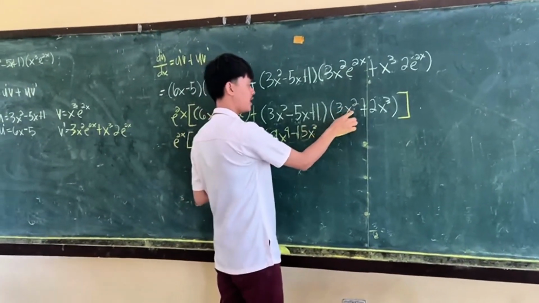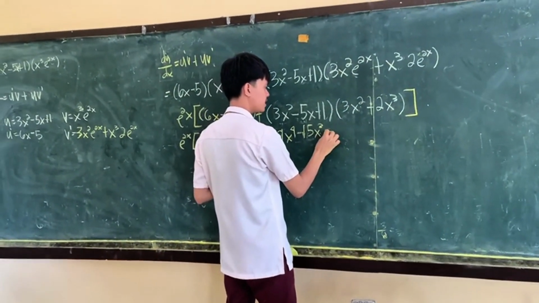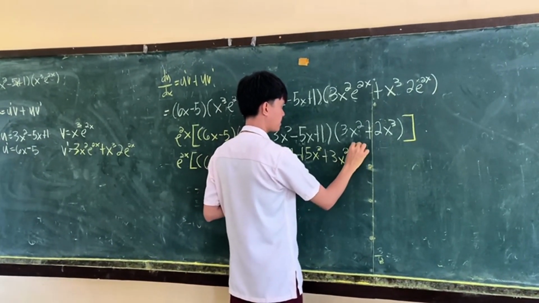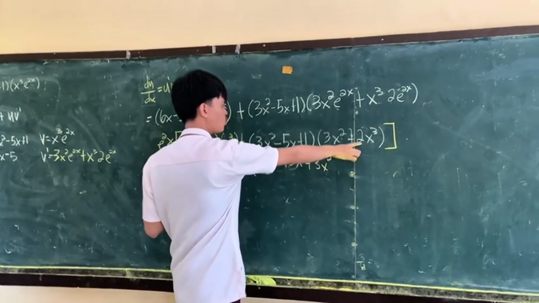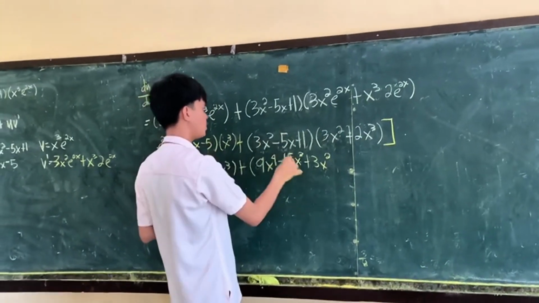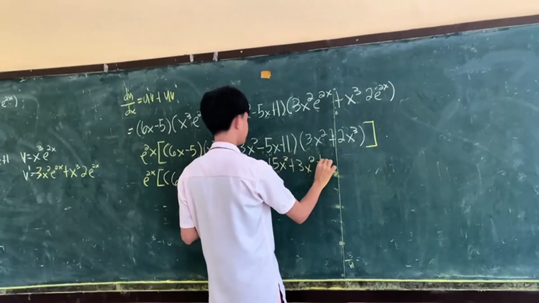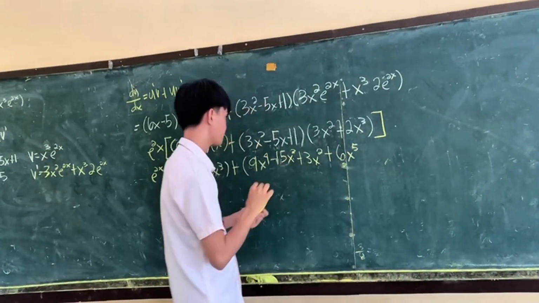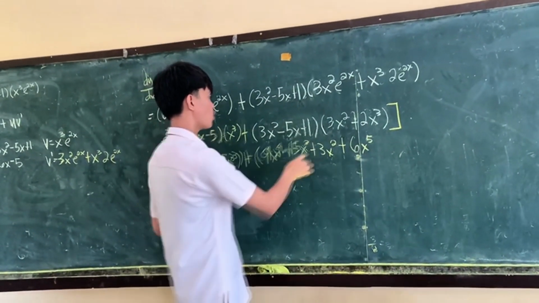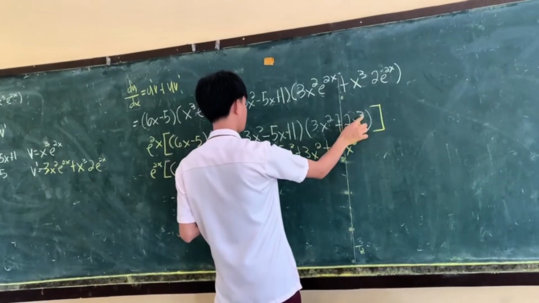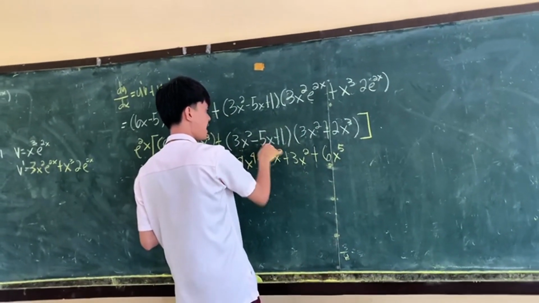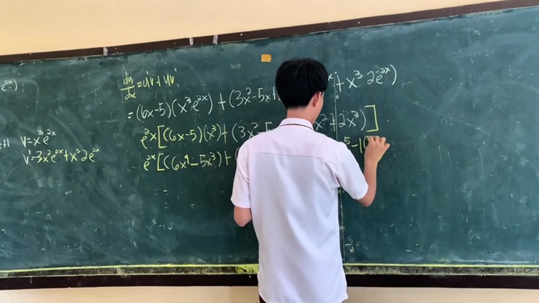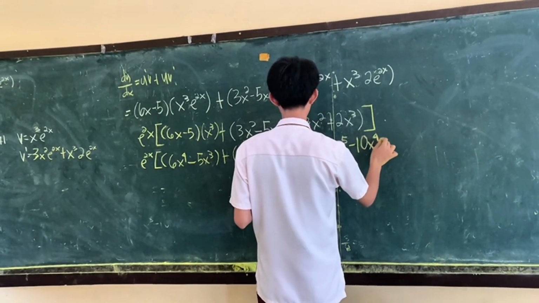And then 3x squared multiplied by 1 is equal to 3x squared. And then 2x cubed times 3x squared is equal to 6x raised to the power of 5. And then 2x cubed times negative 5x is equal to negative 10x raised to the power of 4.